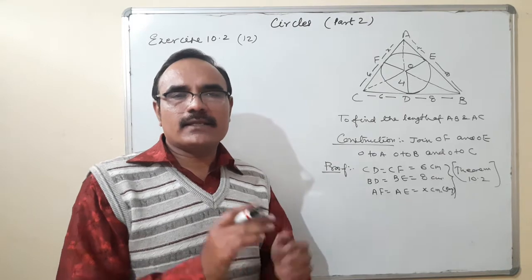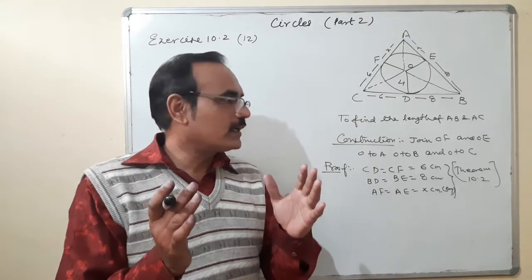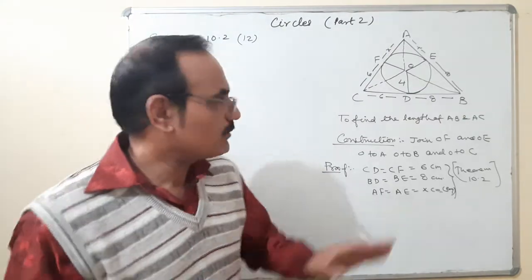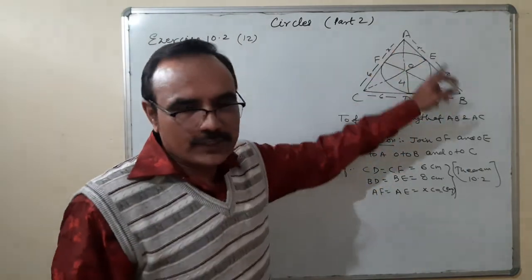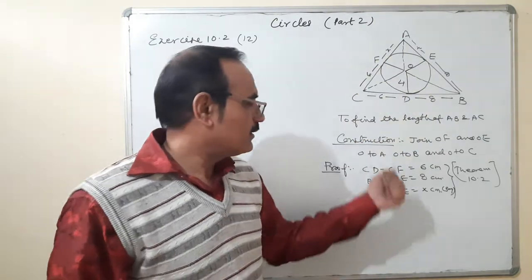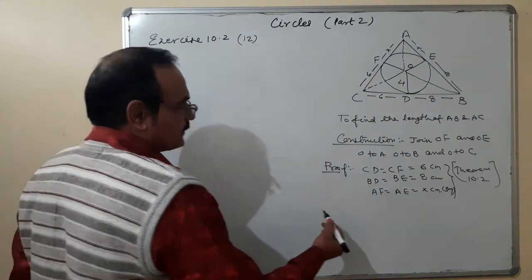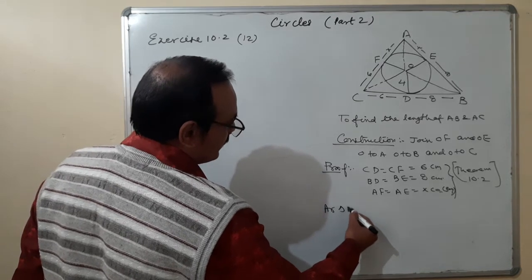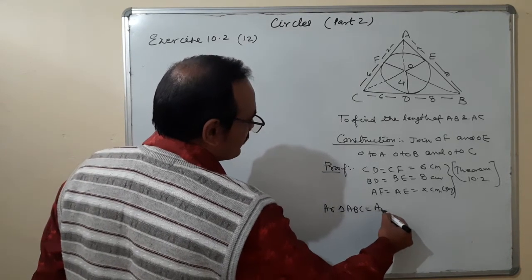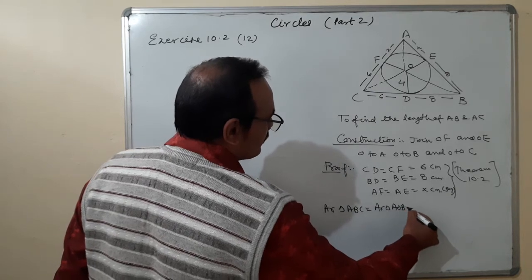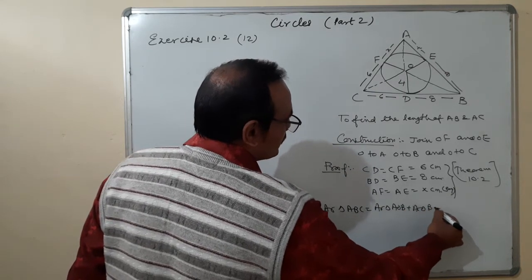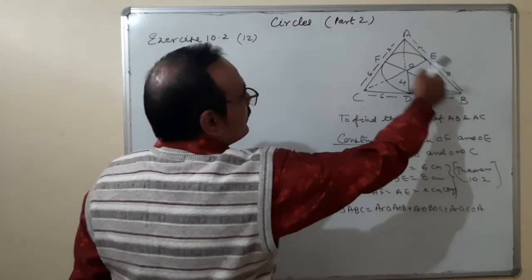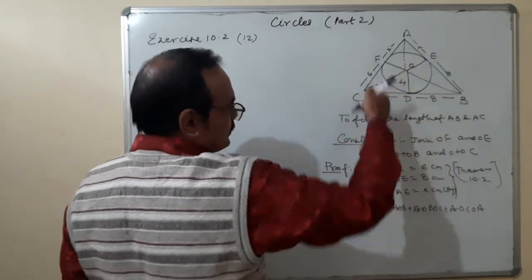So we can write here the area of triangle ABC is equal to area of triangle AOB plus area of triangle BOC plus area of triangle COA, because the sum of the three parts is equal to the area of the big triangle.